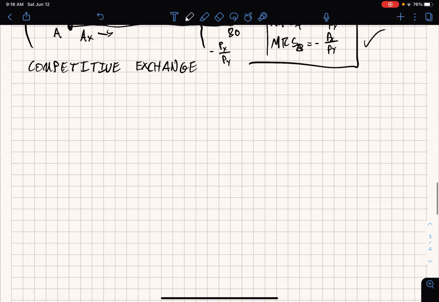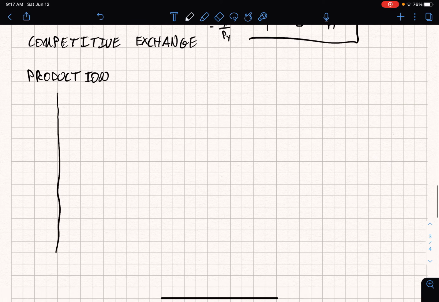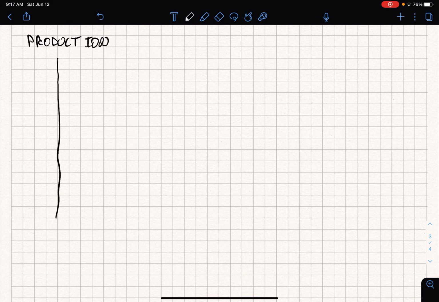Okay, so the next thing we're going to talk about is the production possibility frontier. So we can think about this also as production. And for the moment, I'm going to abstract away from where the PPF is coming from.